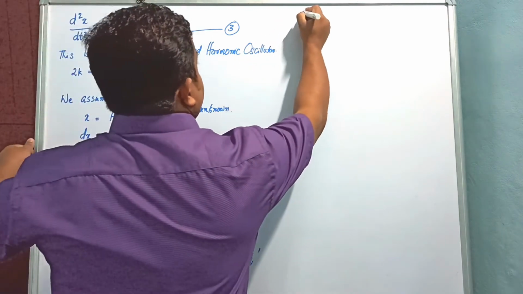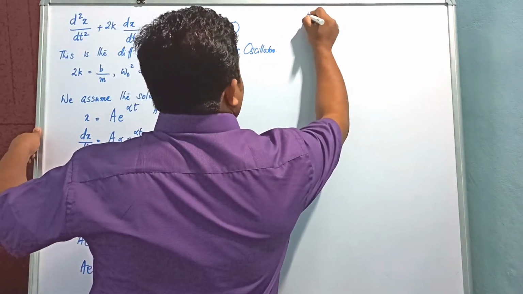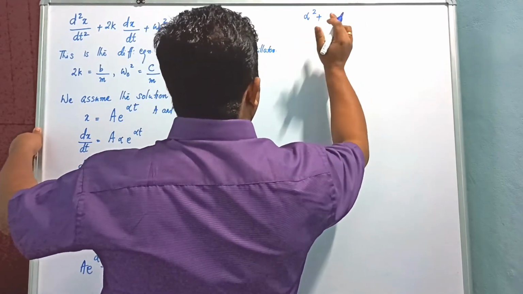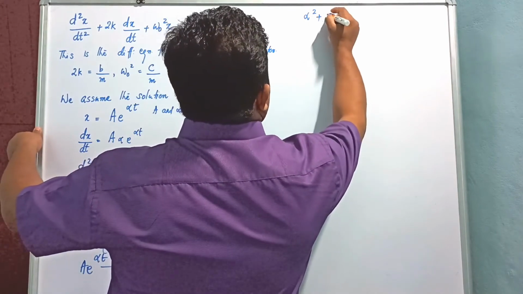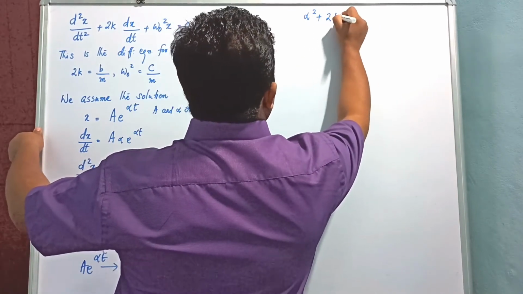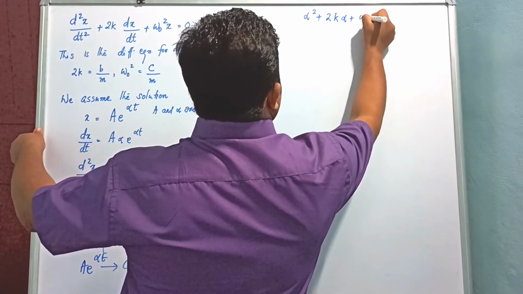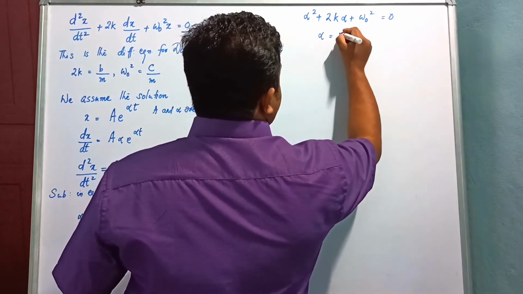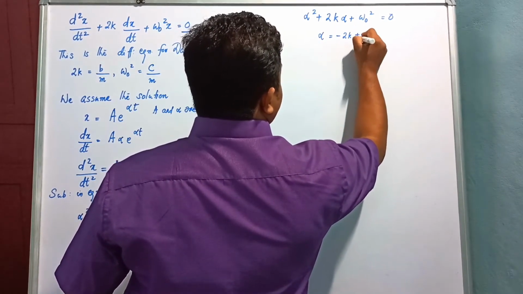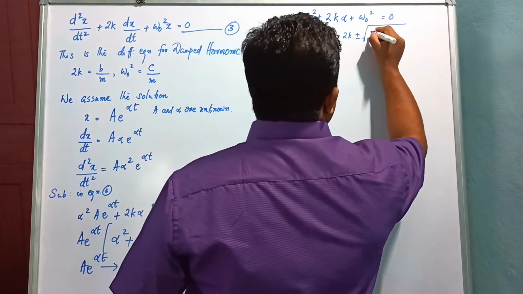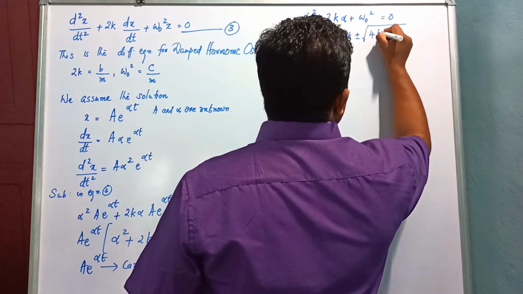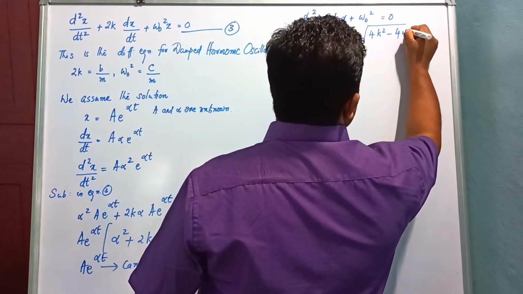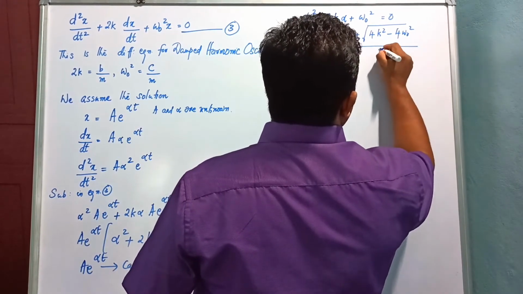So alpha is equal to minus 2k plus or minus square root of 4k square minus 4 into 1 into omega 0 square, divided by 2.